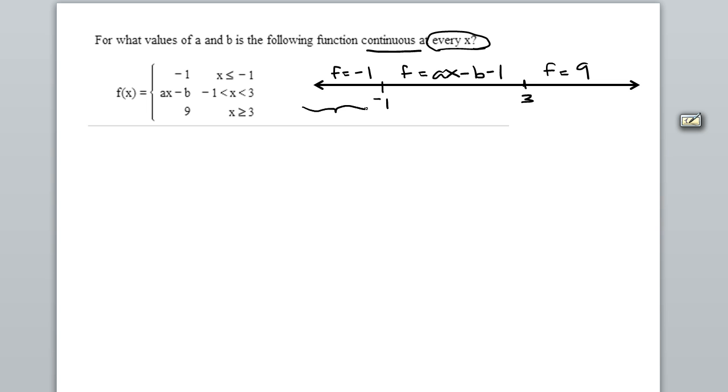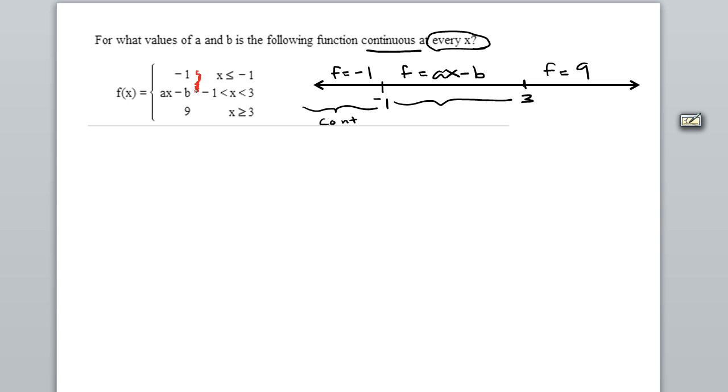The function y equals -1 is continuous everywhere. Ax minus b minus, I'm sorry. It's very deceptive here. What we have to do is recognize that the ax minus b is where this thing ends at.